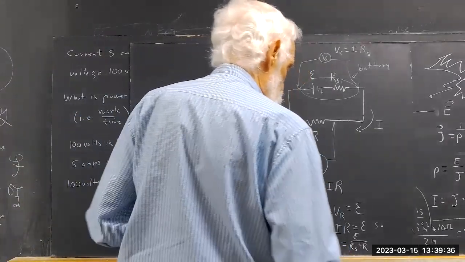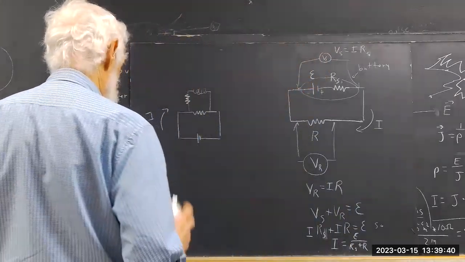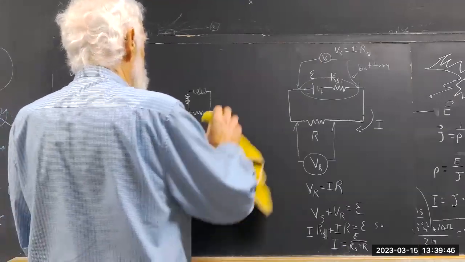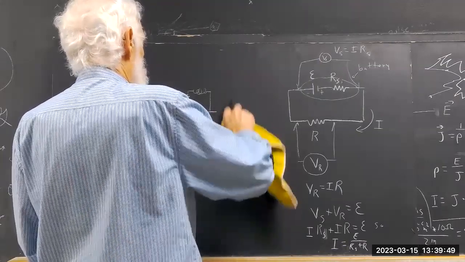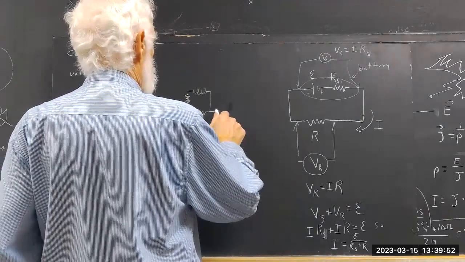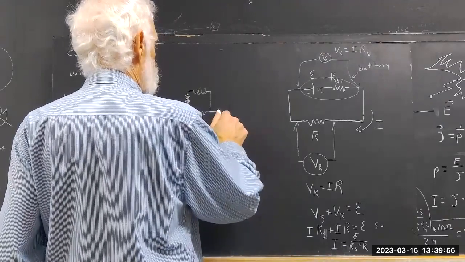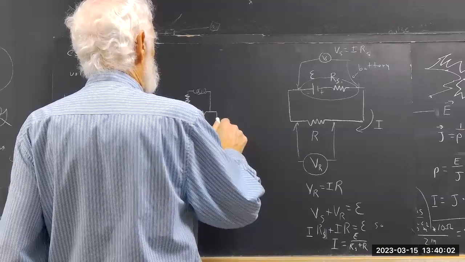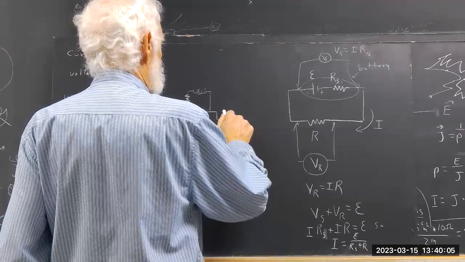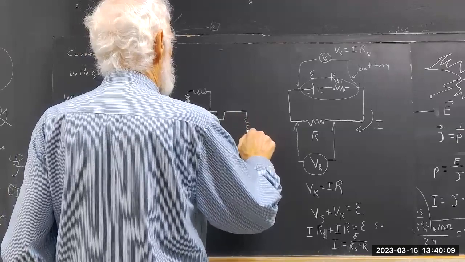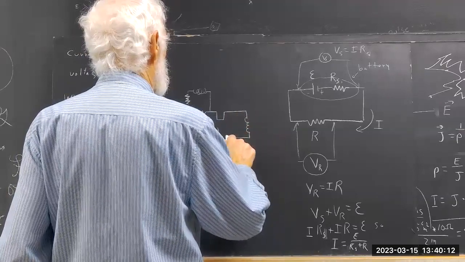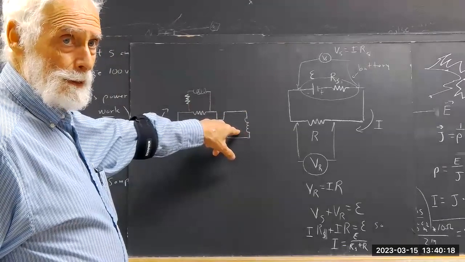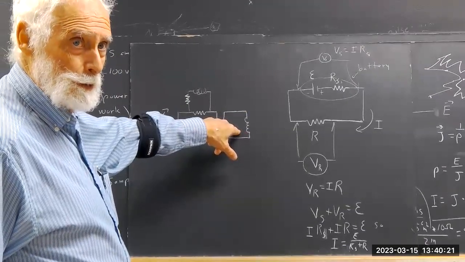An ammeter, we're going to measure the current. We're going to let our current run through the coil, except we better not, because it's too much current.